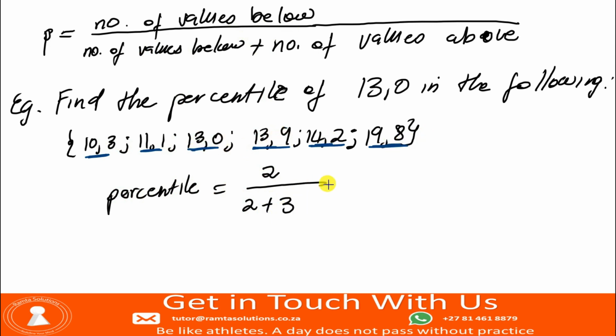So it's 2 plus 3. Of course, multiply by 100. So it will be 2 over 5 times 100. So this is 40%. This is the 40th percentile.